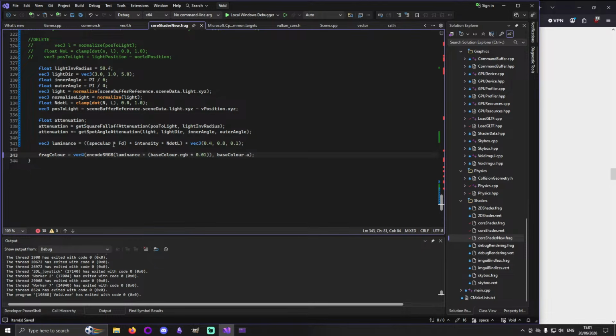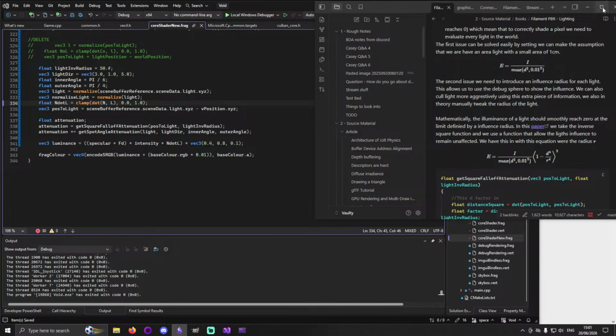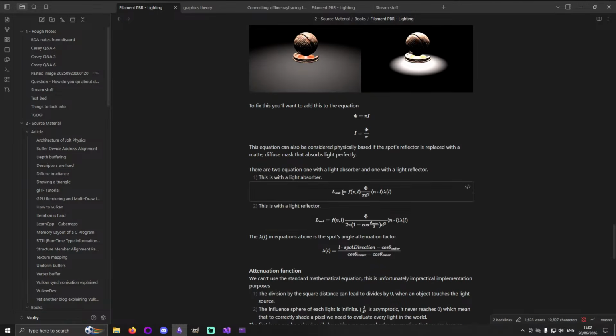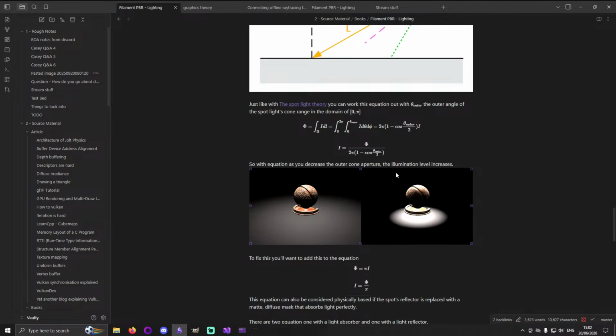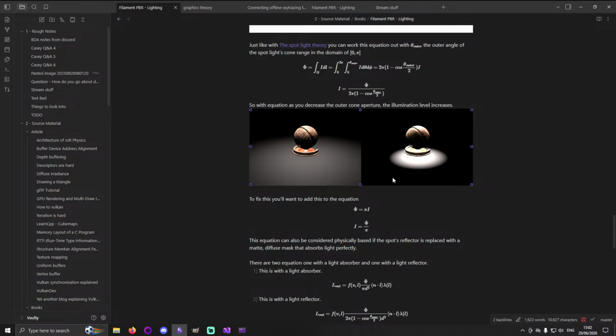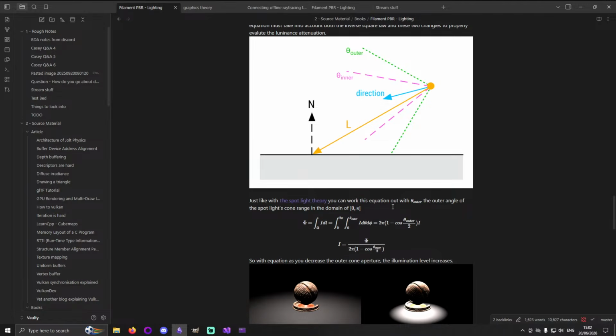I don't know. Okay, so let's go for the maths again. So this is the effect, obviously, I'm trying to make. But I thought I could just plow through the theory and get something on the screen. So the equation, you decrease the... Yes. Okay, so that's just the integral.